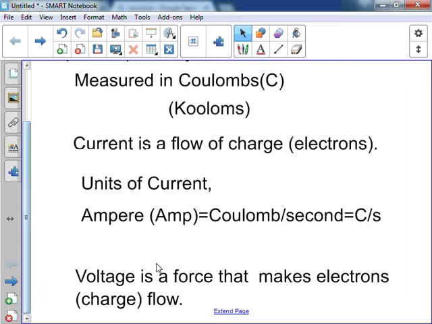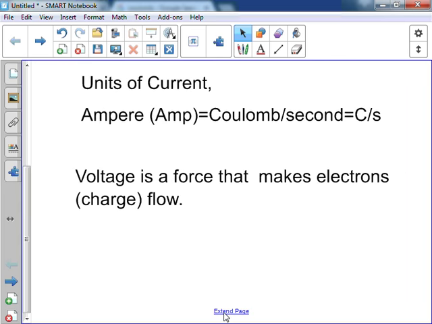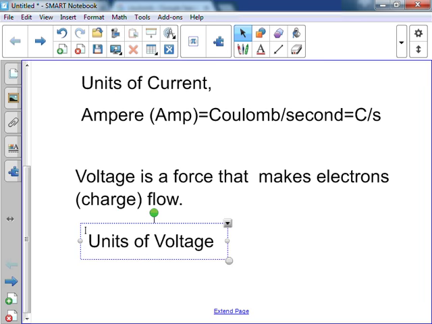And the last but not least unit that we need to have is, of course, the unit of voltage. And that is pretty self-explanatory. I mean, voltage, volt, right, makes sense. The unit of voltage is volts.